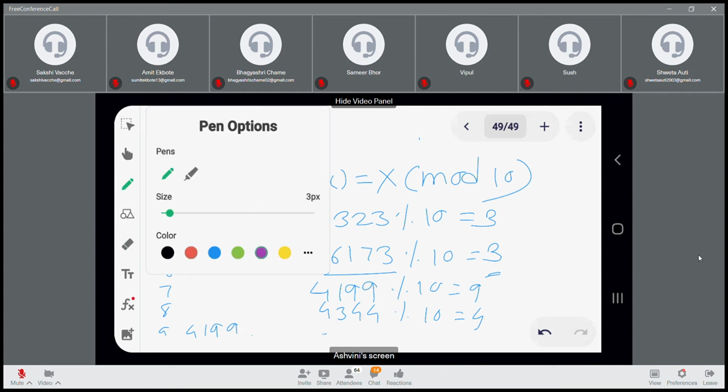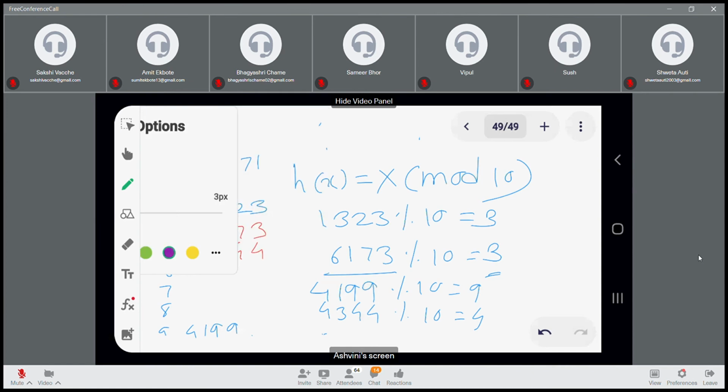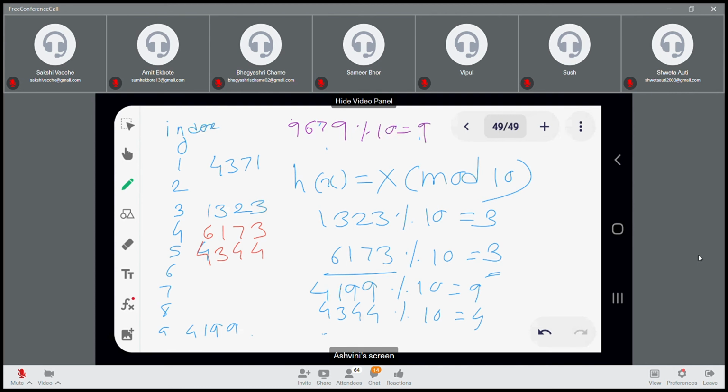I will write here, your next number is 9679. Now for 9679 mod 10, again it is 9, but 9 is not empty. So next position after 9, which is empty, is what? Yes, 0. Correct. So I am going to place 9679 at index 0.